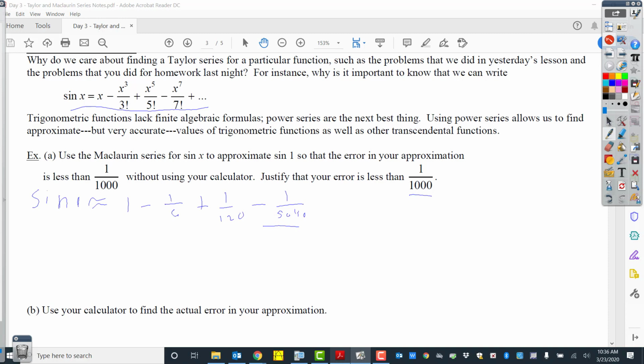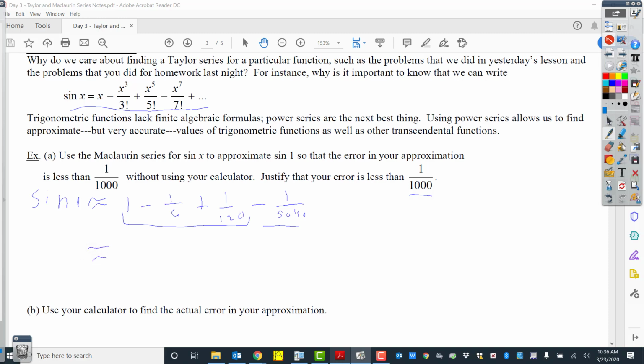So that means this approximation of 1 minus 1/6 plus 1 over 120 will approximate it with an error that's less than 1 over 1,000. And if you've already looked at part B, you can see that we're going to check to make sure that's the case. So let's see what this is equal to.